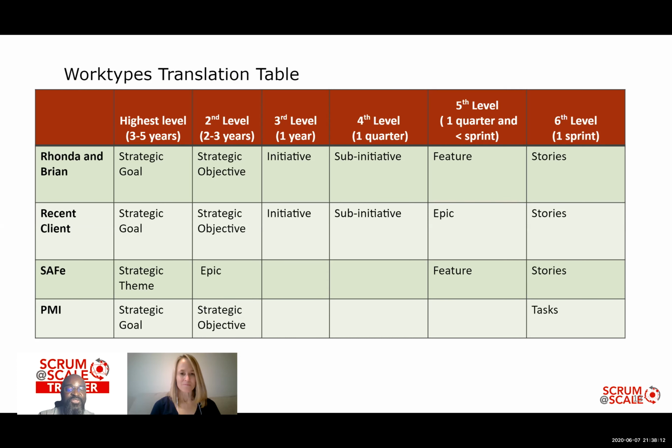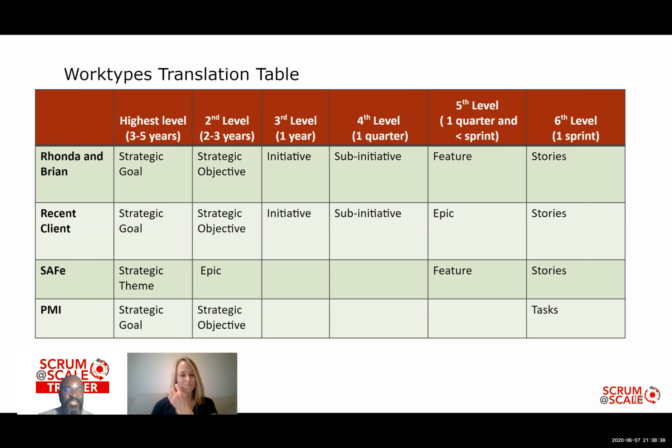And what we want to do is have work types that describe, from the highest level, the things that we're delivering that our executives can actually see. And when I say executives, this is our EMS, our EAT, and all the way down to the teams that actually deliver the work, right?